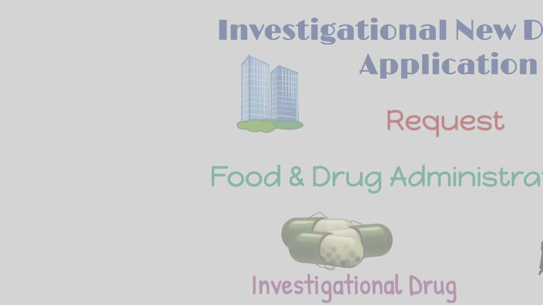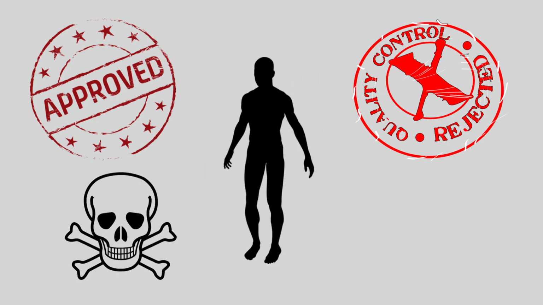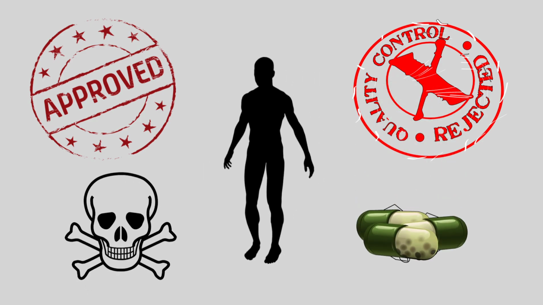FDA have authority to approve or reject the IND application. The purpose of IND application is to ensure that clinical trial subjects will not face any undue risk of harm due to use of investigational drug. If investigational new drug application is approved by FDA, then only sponsor company or research group proceed with the clinical trials. Once this IND application is approved by FDA, our second step, clinical trial gets started.